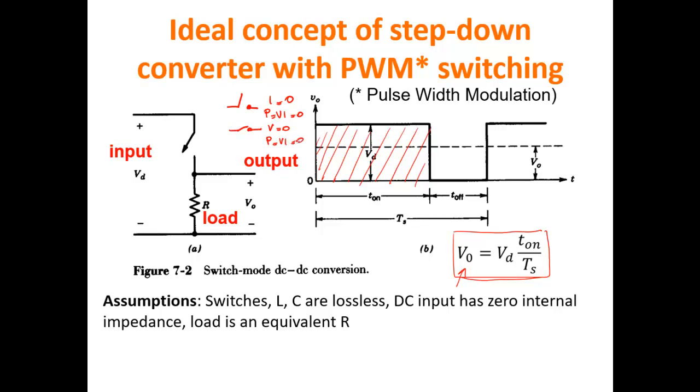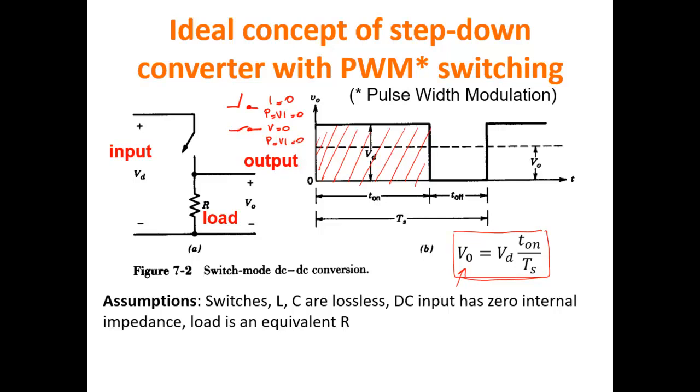So ideally, either the voltage or the current is always zero. This is the ideal behavior of a switch, not the true behavior, but ideally the switch is not going to dissipate any power, and then in this system there's nothing that can dissipate power.